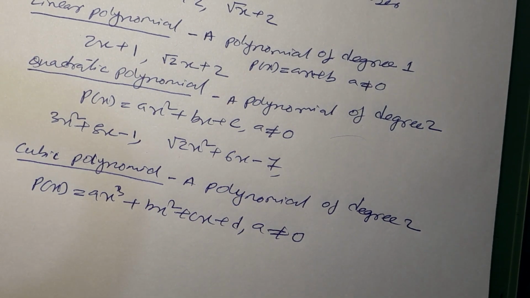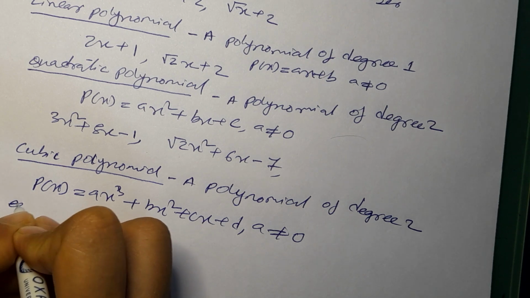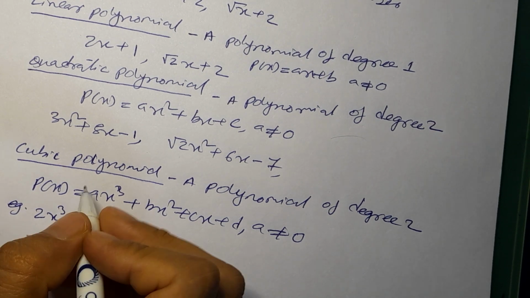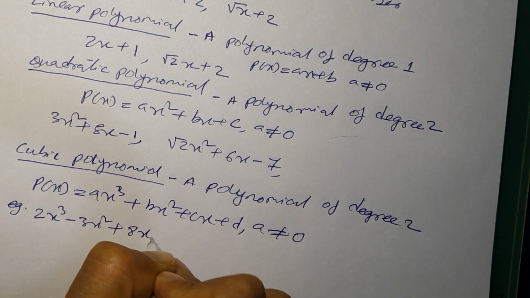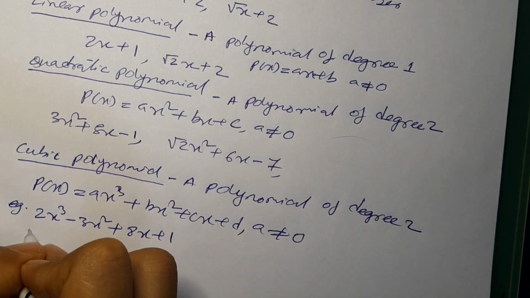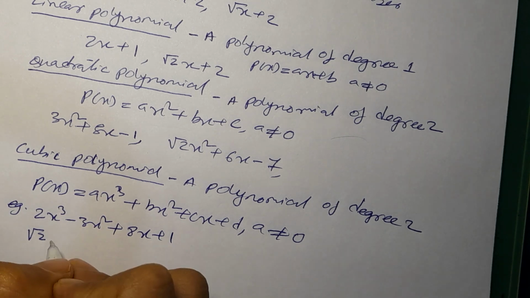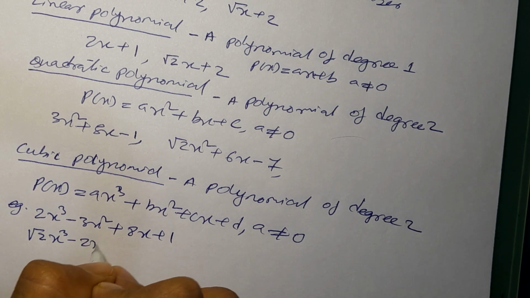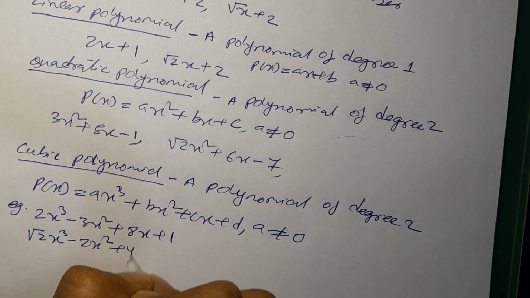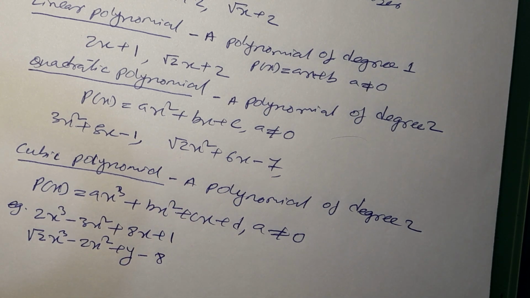Here you only have to maintain that the highest power of x is 3. So for example, 2x cube minus 3x square plus 8x plus 1. Another example, root 2 x cube minus 2x square plus x minus 8. This is a cubic polynomial.